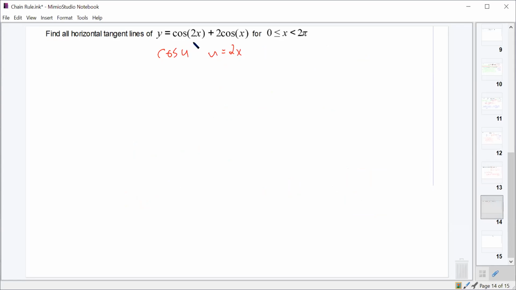If we want to find the derivative of cosine 2x, it ought to be negative sine u times 2, which would be negative 2 sine 2x. Everybody agree with that first part of it? All right. And then plus 2 cosine x just would be minus 2 sine x. That one doesn't require the chain rule, right?